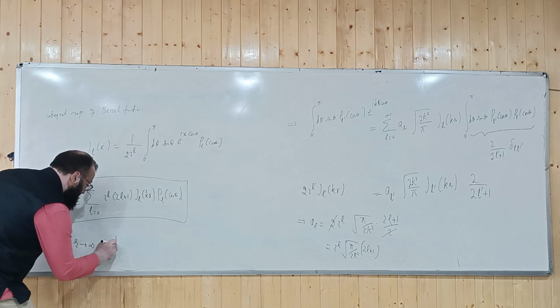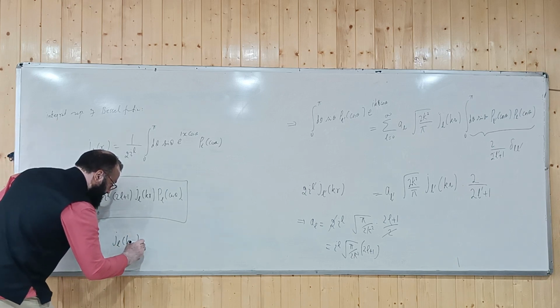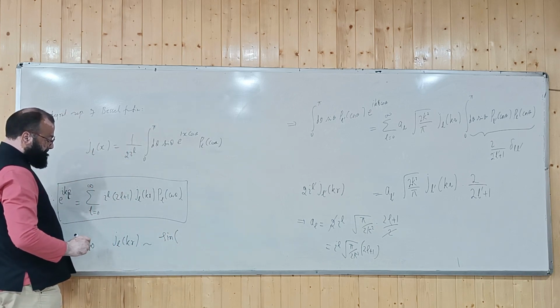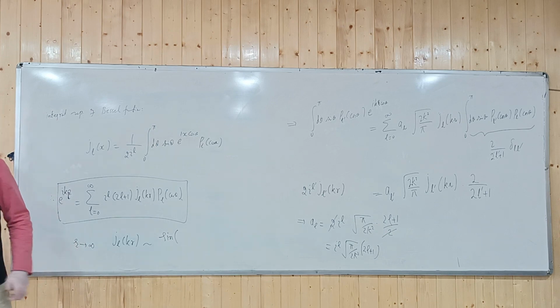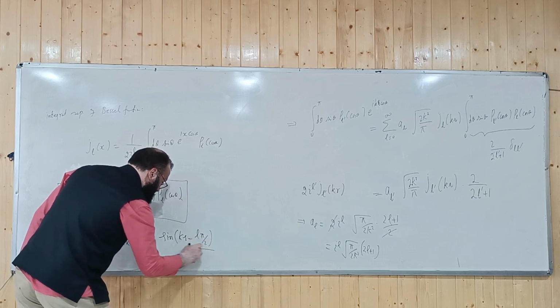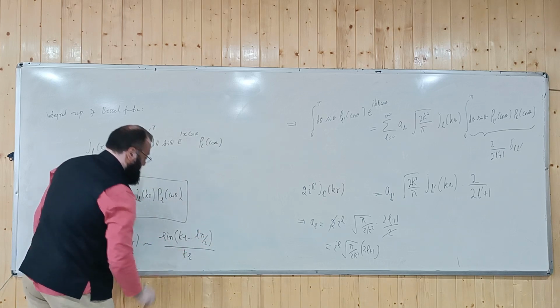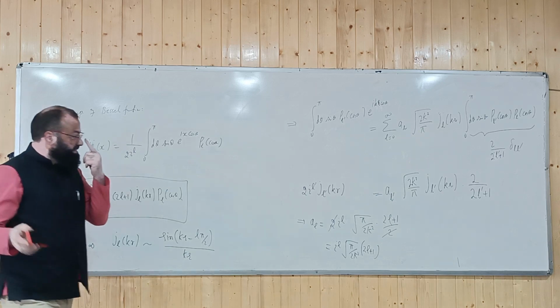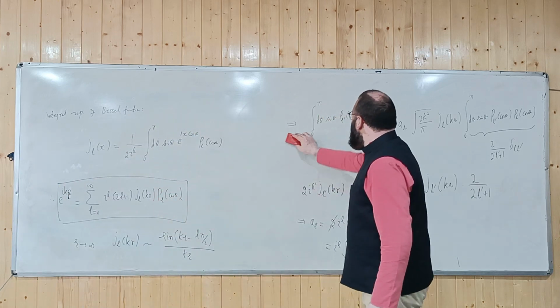The form of j_l(kr) goes like sin(kr minus l pi by 2) divided by kr. So this is the asymptotic form of this Bessel function when r tends to infinity. Clear? Got it? So now let's move to our problem. Remember this very formula.